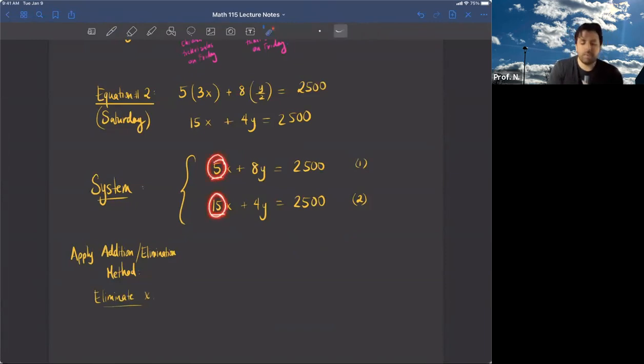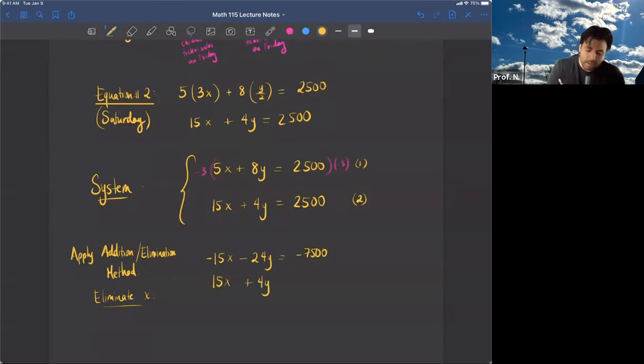The LCM between 5 and 15 is 15. This is already a positive 15, so make this a negative 15. In order to make this a negative 15, I must multiply both sides, everything, by negative 3. And I get negative 15x minus 24y equals, and then of course I'm multiplying this by negative 3 as well. I get what? Negative 7,500. Then I get 15x plus 4y equals 2,500.